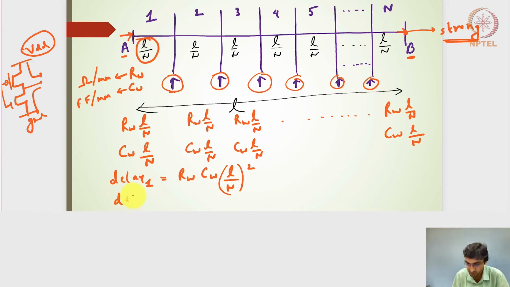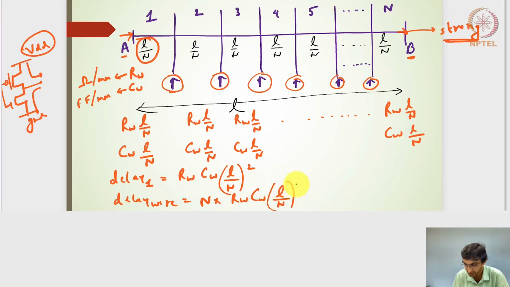And the overall delay for the wire of n segments will be the summation of RW CW (L by N) the whole square from one segment to n segments. So it will be n multiplied by RW CW (L by N) the whole square, which will be nothing but RW CW L square divided by N.